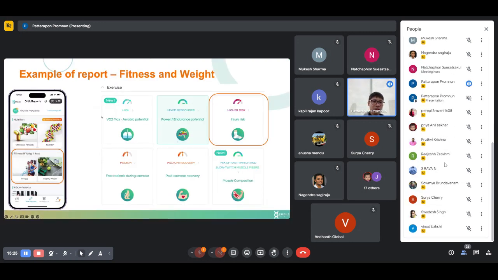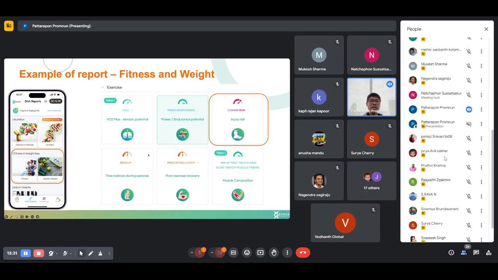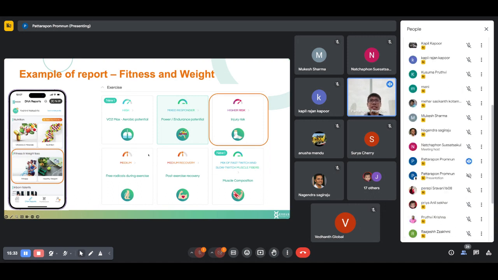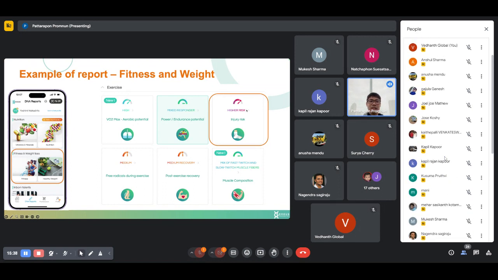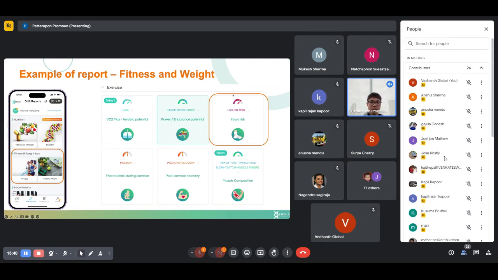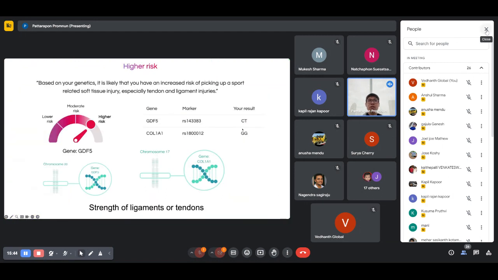Next, for example, this is the report of fitness and weight loss or healthy weight. This is about your exercise ability and your activities. For example, I will show you this report, injury risk. This report is about the strength of your ligaments or tendons.